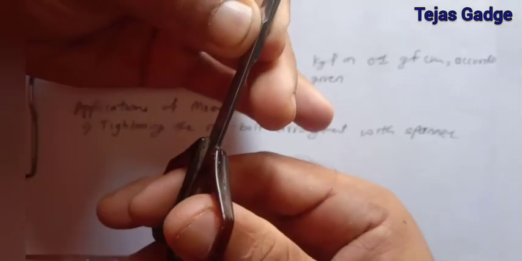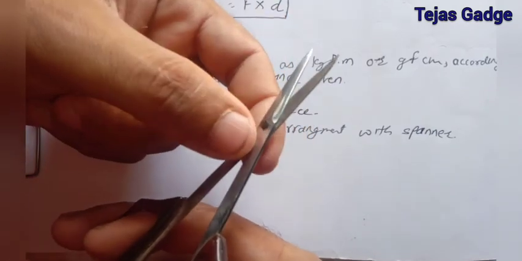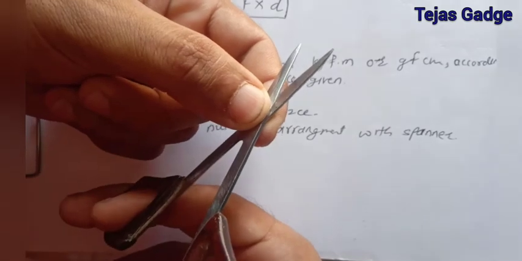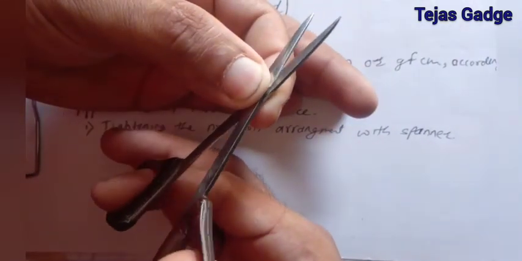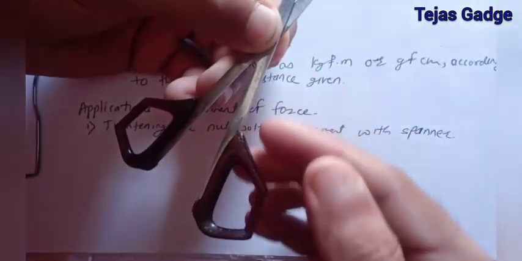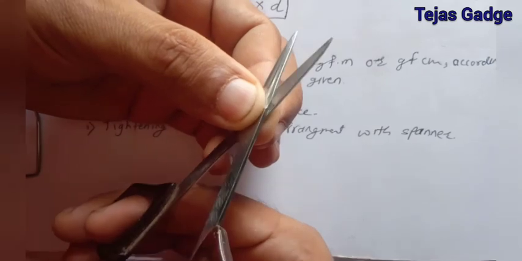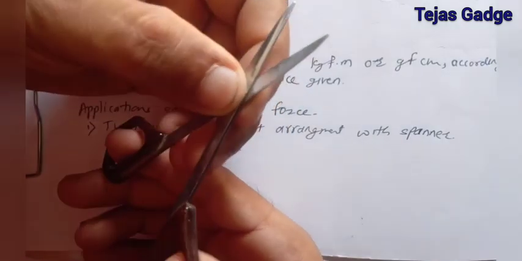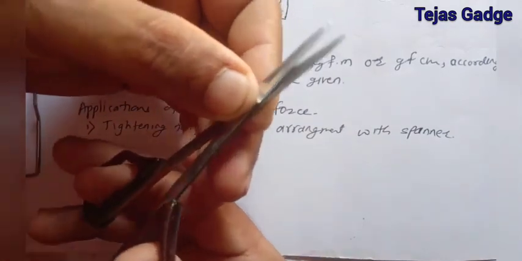So the force creates a moment about the fulcrum. When we apply force at a larger distance, it creates a larger moment. That's why we can cut easily. So this is another application of moment of force.